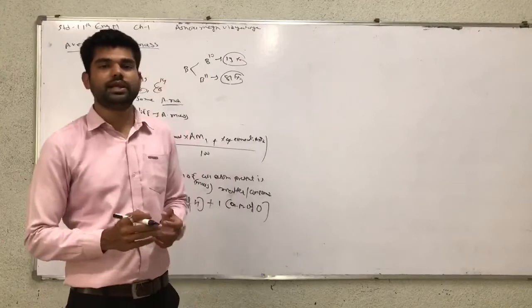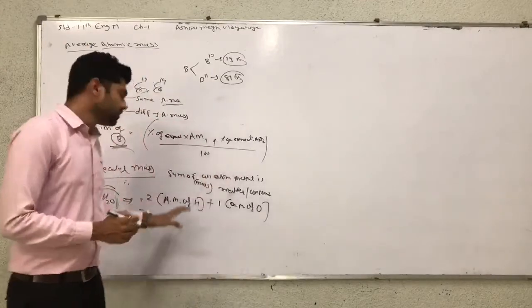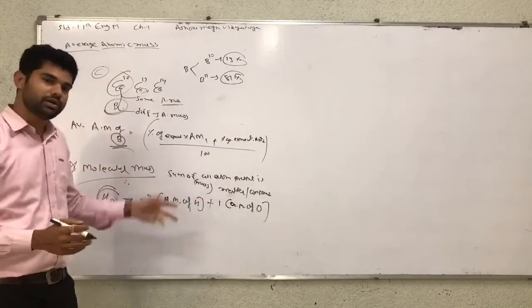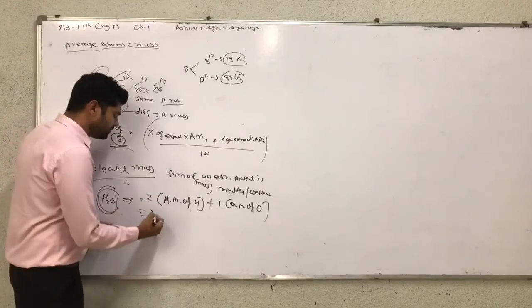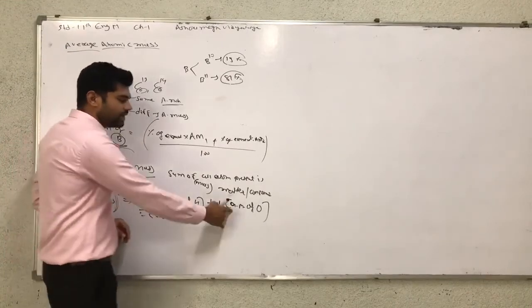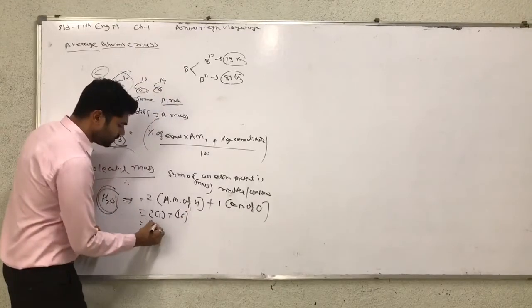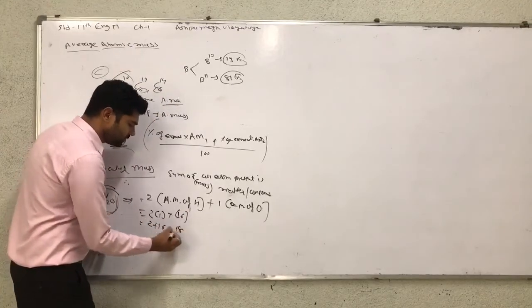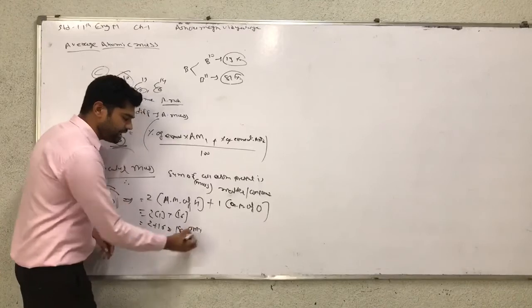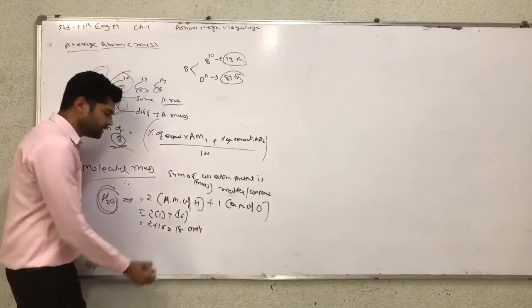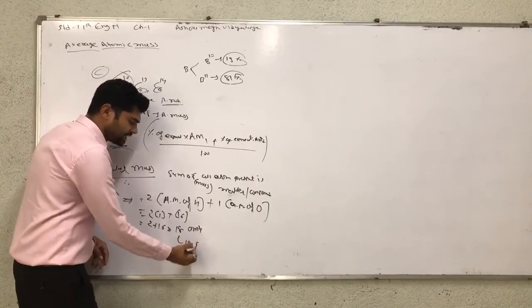Then you can find the molecular mass of a compound or element. So 2 multiplied by 1, and the atomic mass of oxygen is equal to 16. So 2 plus 16 is equal to 18 AMU, atomic mass unit, and it is also 18 grams.